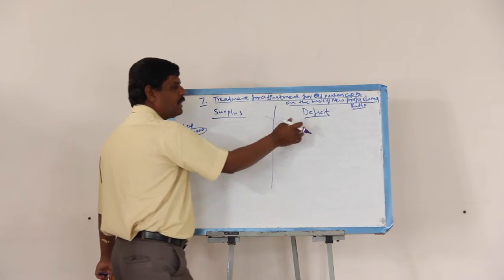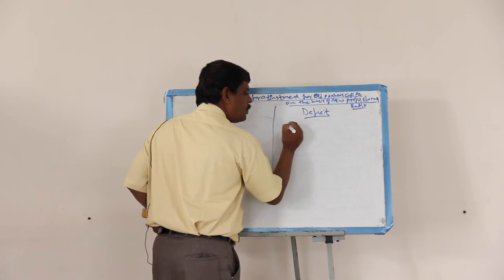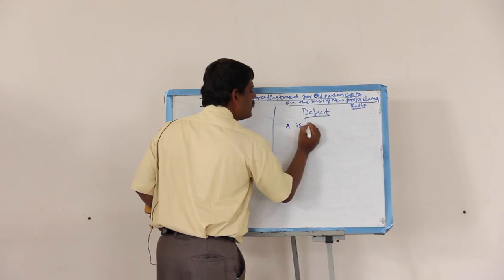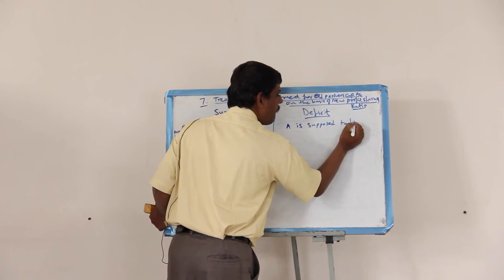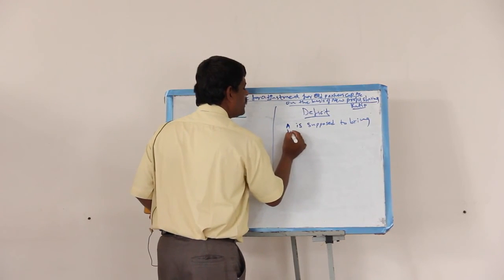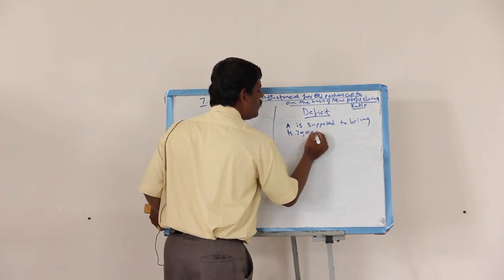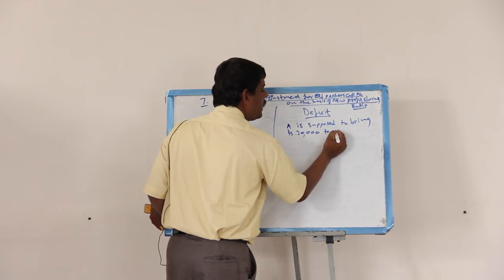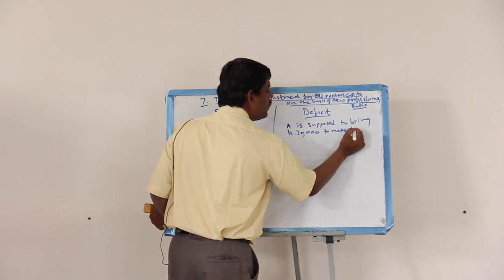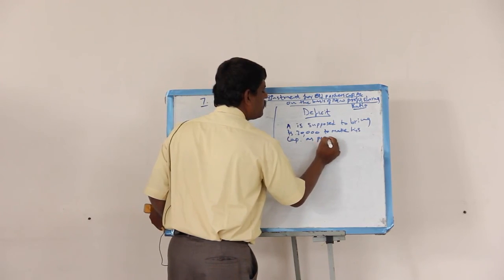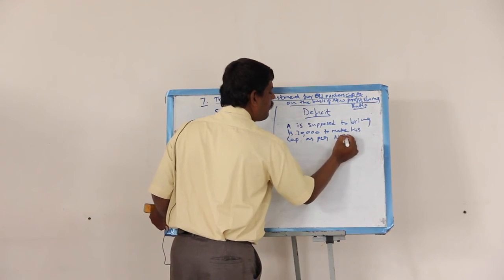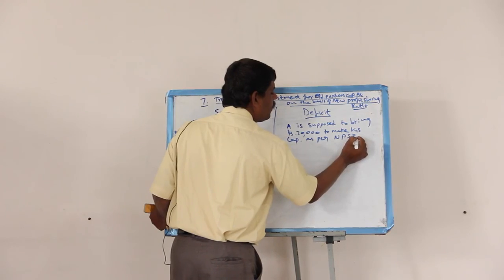So this comes under this case. A is supposed to bring 30,000 rupees to make his capital as per the new profit sharing ratio.